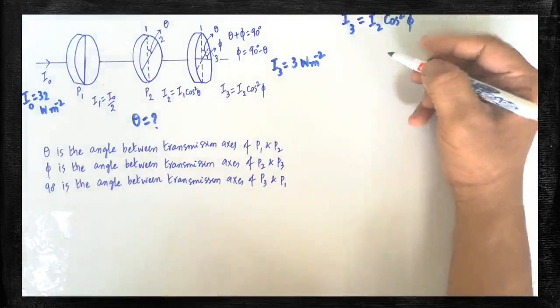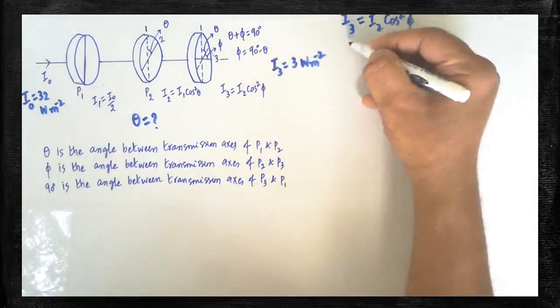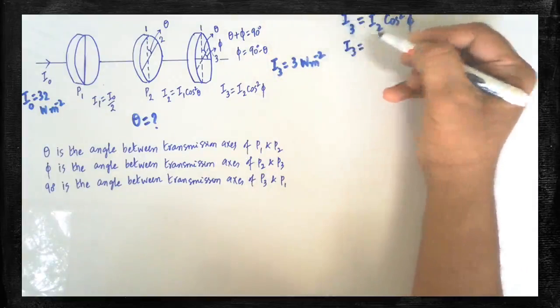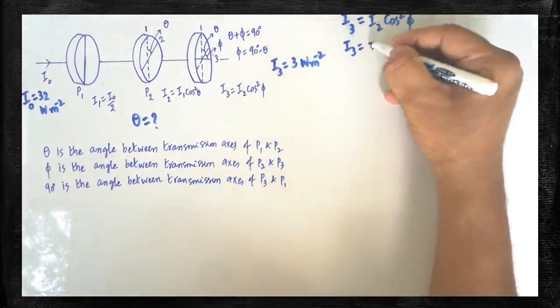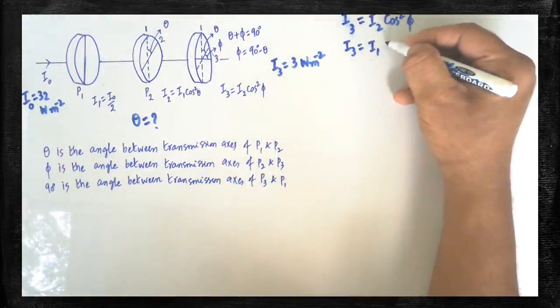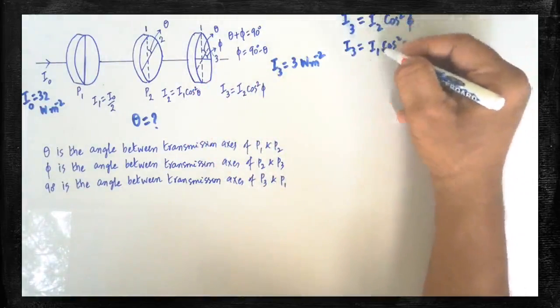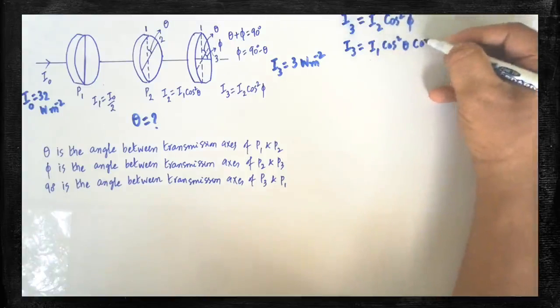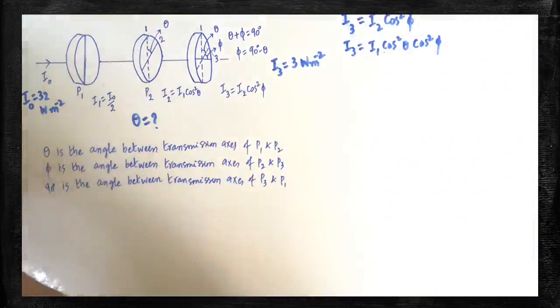So this is the formula which is already written here. We know the formula for I2. I2 is equal to I1 cos square theta. Instead of I2 I have written this formula. Okay.